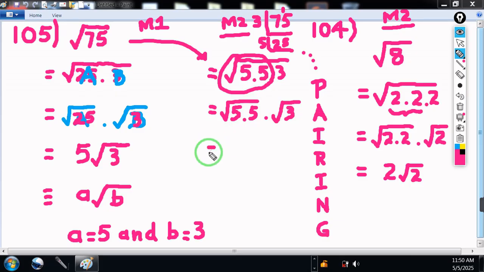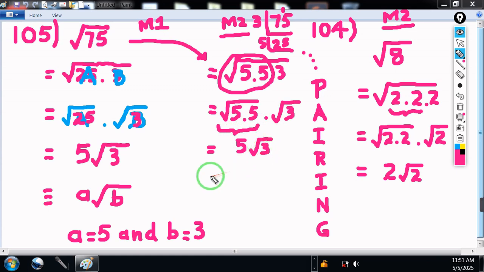So we have learned here the pairing of 2 root 2 is root 4, which will be 2. So just put here some pairing of root 5 times 5 is 5. The dot is absorbed into it and just put the root of 3.